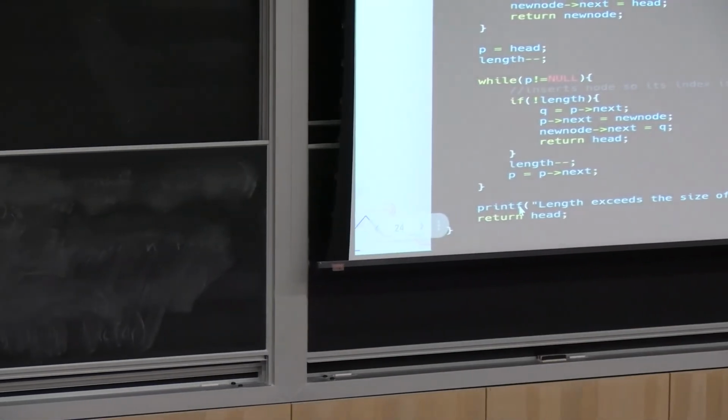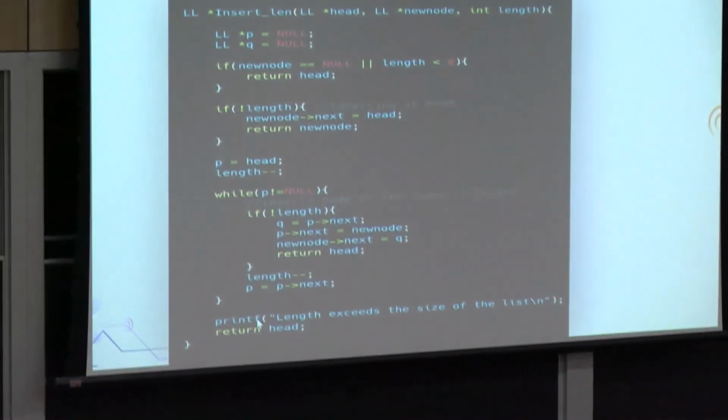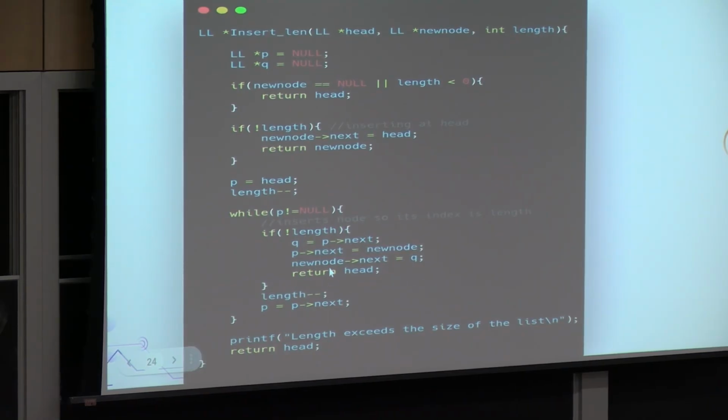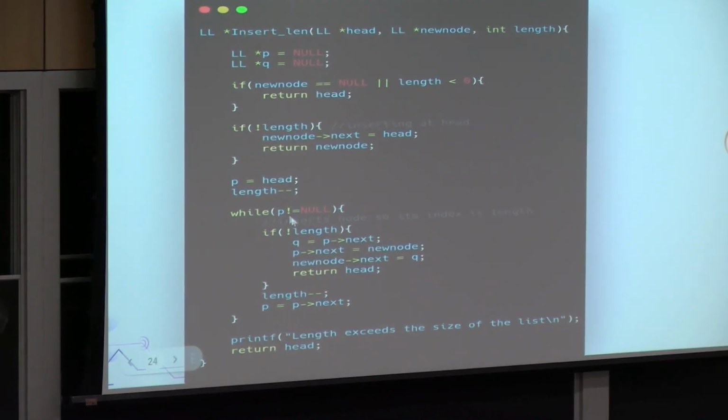If length was 0 at some point in the iteration, we would have met this if condition and then returned it. So that means we traverse the entire list, but length is still a positive number, which means length is greater than the number of nodes that are on the list. So that would mean length exceeds the size of the list. So we print this and we return head.